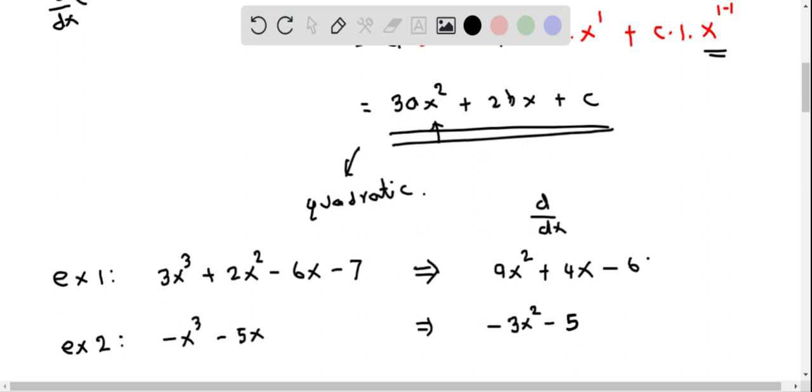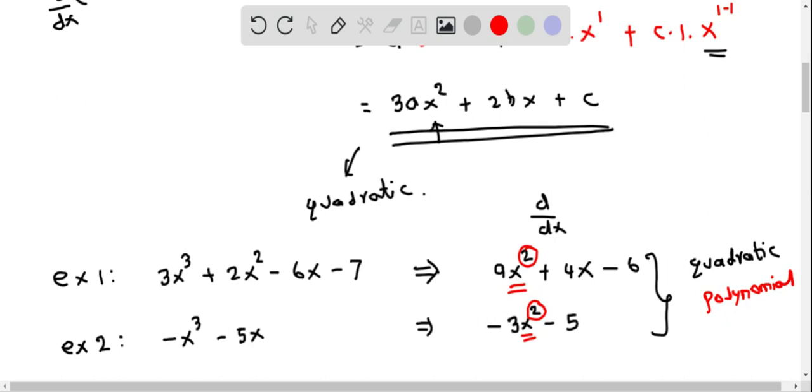So clearly these two are also quadratic polynomials because the degree of these polynomials is also 2. Clearly we can see that the highest power of x is 2 over here. This confirms it's a quadratic polynomial. Similarly here also the degree of this polynomial is 2. So therefore these are quadratic polynomials.